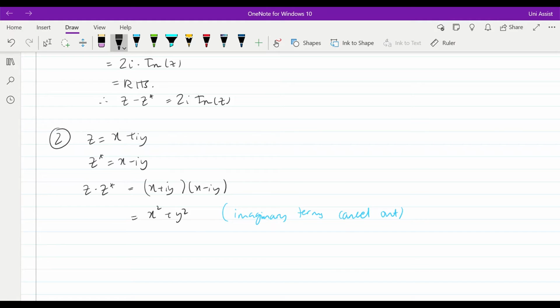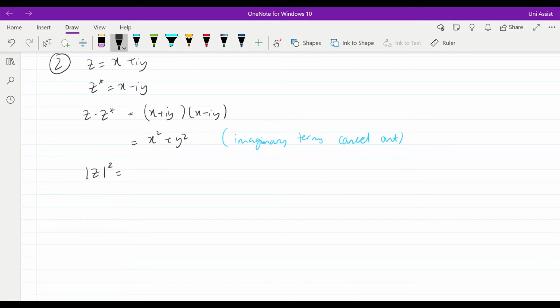And next we can have a look at what modulus of z squared equals. Recall that in the Cartesian form, the modulus is equal to the length of the complex number. So if I have something like x and y here, using Pythagoras' theorem, I know that this length here is going to be equal to the square root of x squared plus y squared.